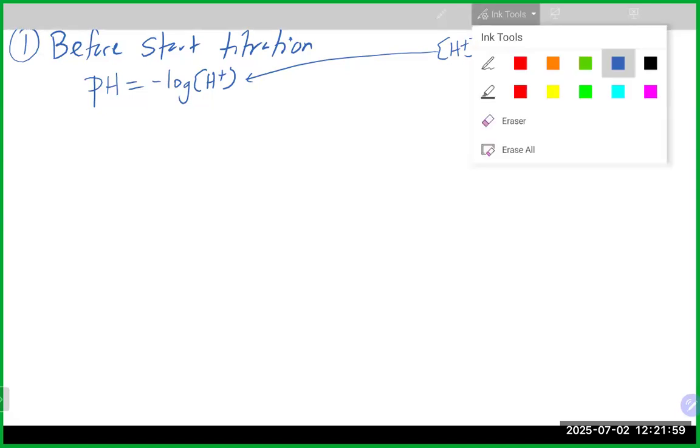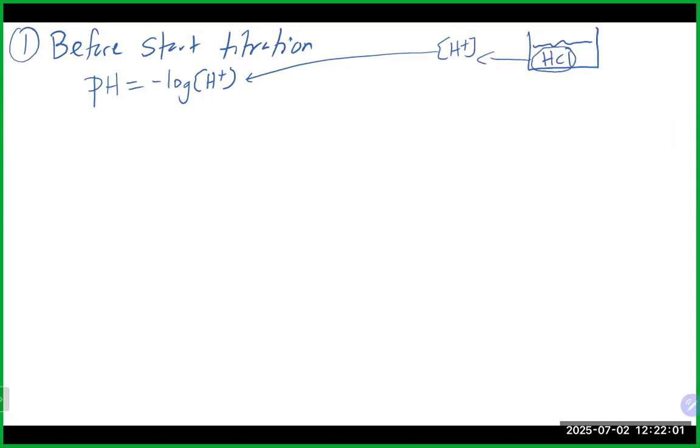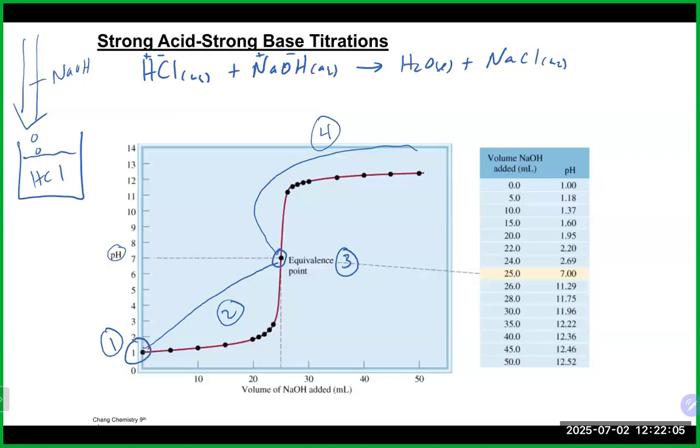Now that brings us to the second part of this titration curve, where we are starting the actual titration. We are adding sodium hydroxide to our hydrochloric acid. This is a situation like we saw with our buffers, where we are adding volume to volume. That means two things occur here.